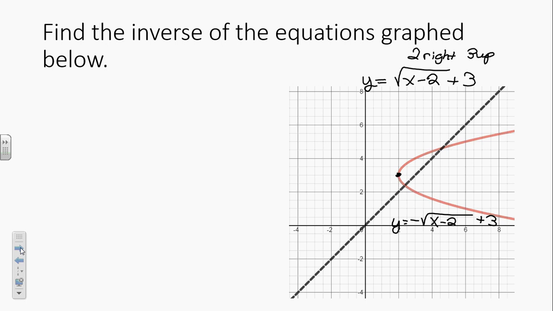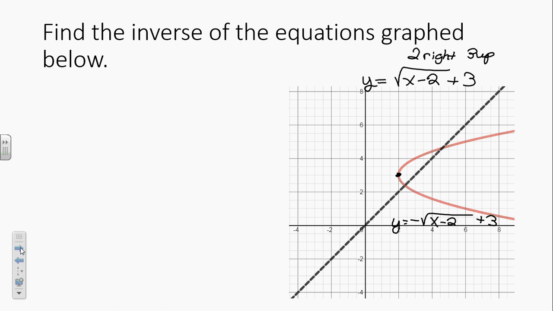So if I want to find the inverse of y equals the square root of x minus 2 plus 3, what do I have to do? First step's done. It's not in function f of x or g of x notation, right? What's the second step? Switch them, right? Okay.